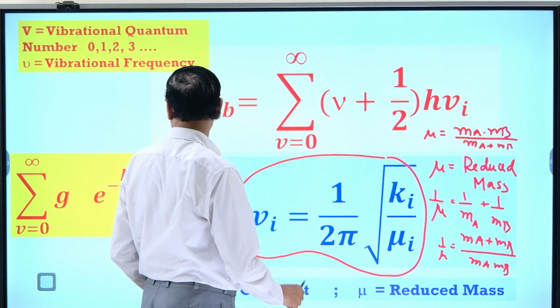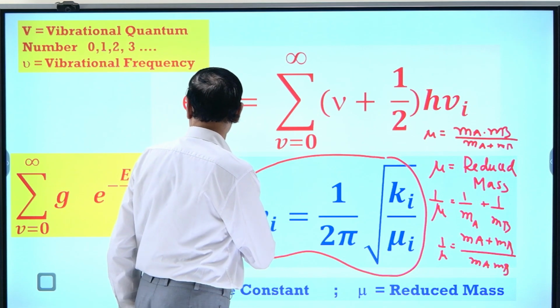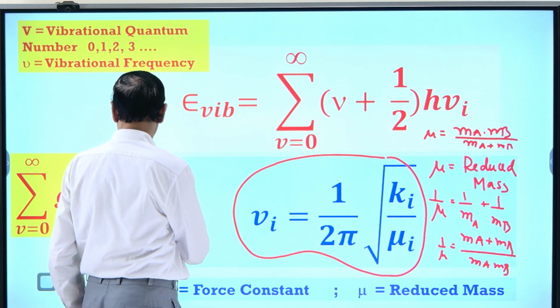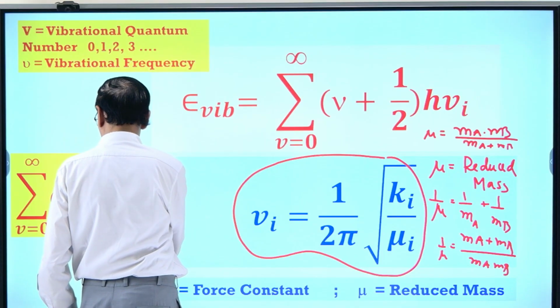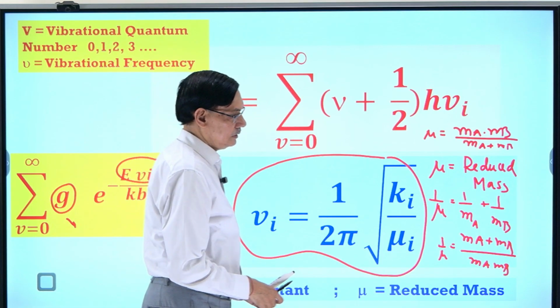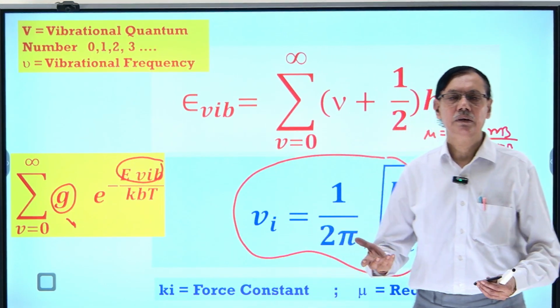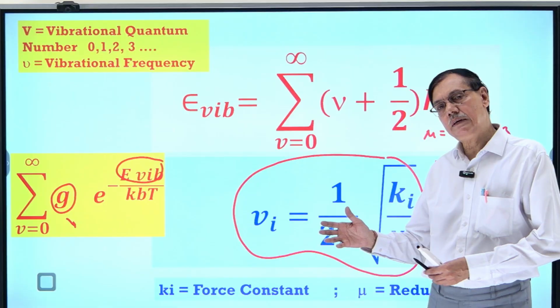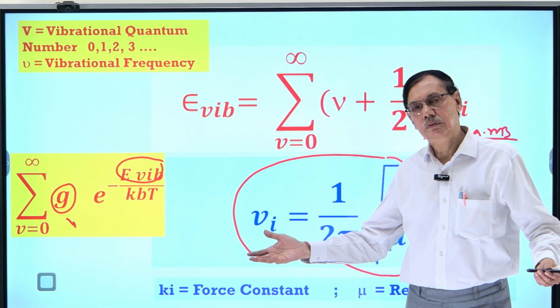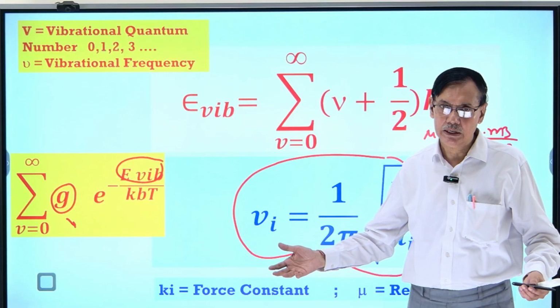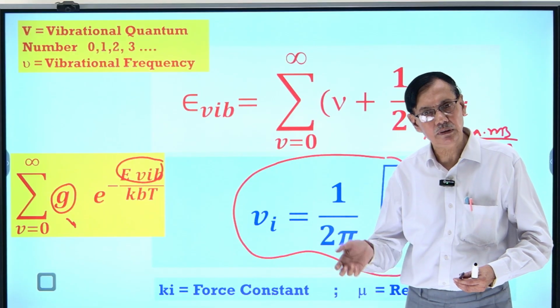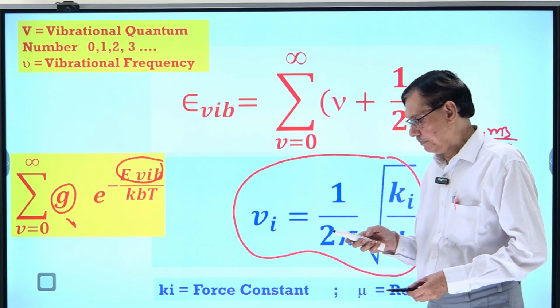So this is actually Hooke's law, the calculation of the vibrational frequency. Now I will derive these things. I have to substitute the value of E vibrational, g is no problem, it is non-degenerate, and we will get the final equation. First I will consider without the zero point energy, and second we will consider it with the zero point energy.